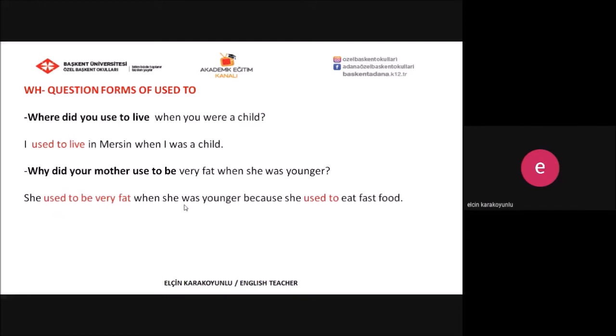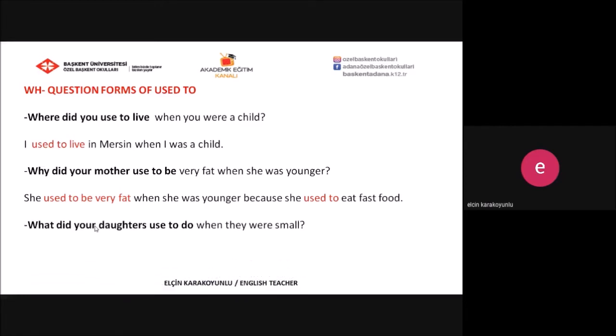She used to be very fat when she was younger because she used to eat fast food. So it means that my mom isn't fat now and she doesn't eat fast food anymore.